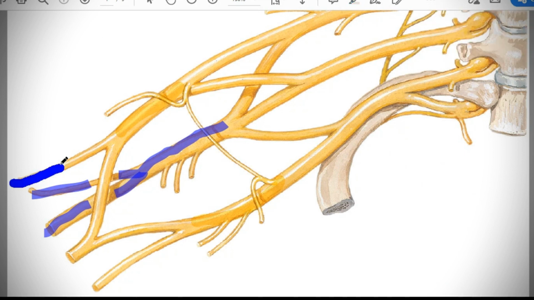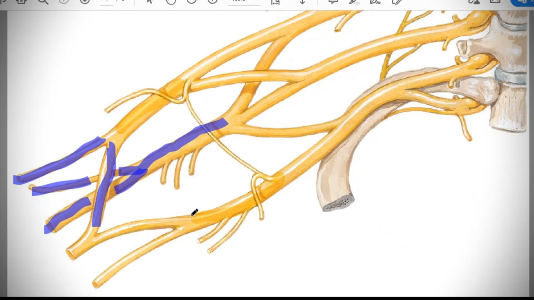It's nervus musculocutaneus and the lateral root of nervus medianus. Fasciculus medialis gives the medial root of nervus medianus, then gives nervus ulnaris, and two cutaneous branches. It's nervus cutaneus antebrachii medialis and nervus cutaneus brachii medialis.